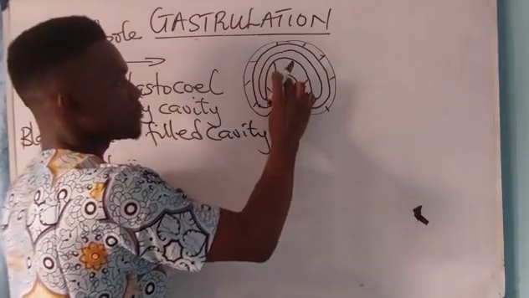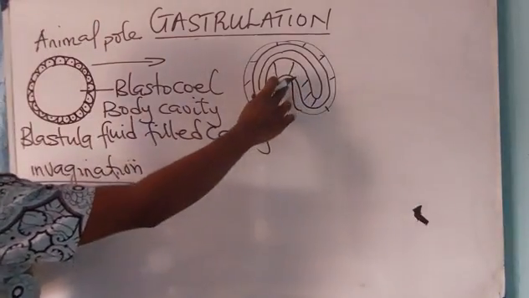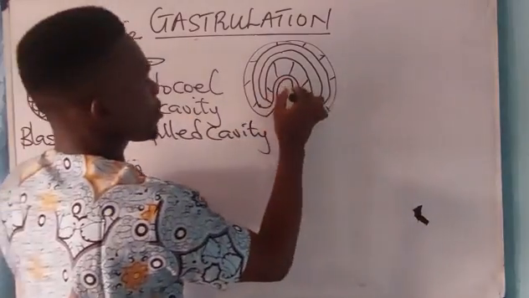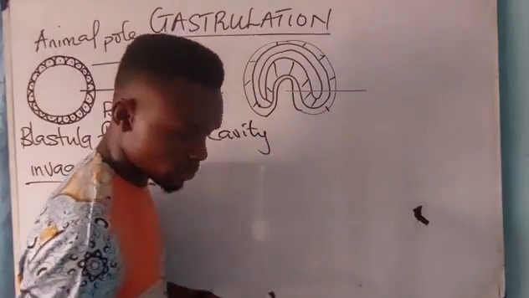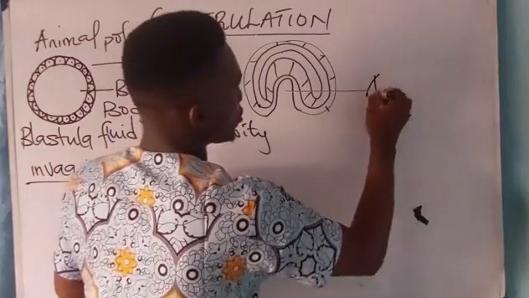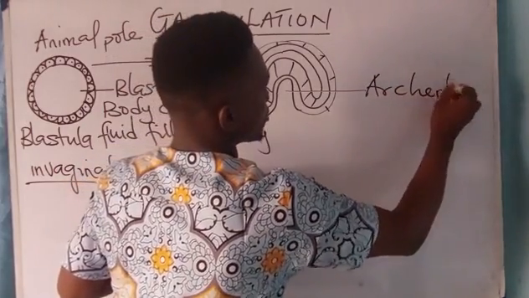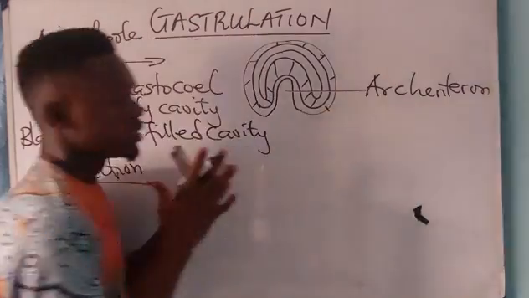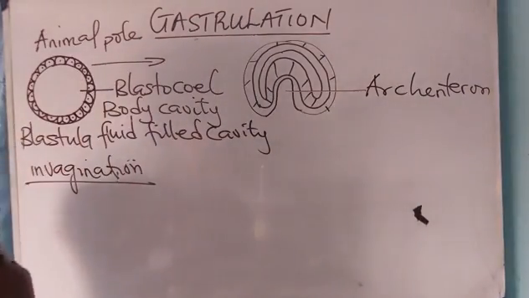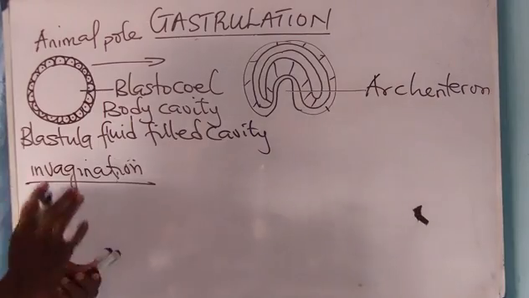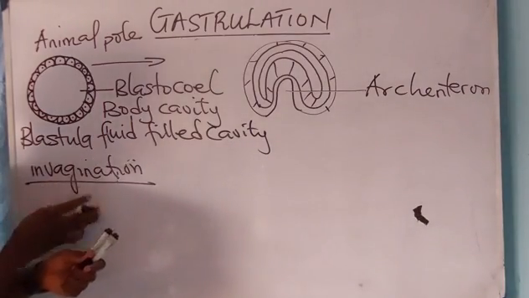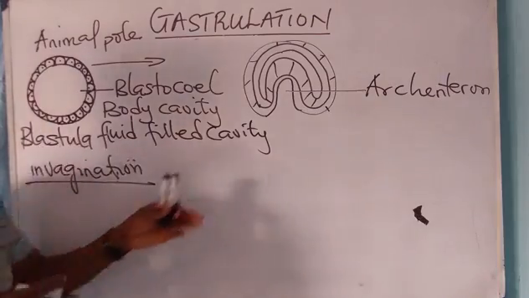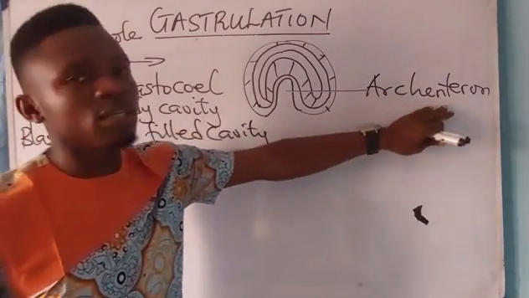This hollow formed by the invagination of the blastula is actually called an archenteron. The hollow or pocket-like tube formed by the invagination of the blastula is called what? An archenteron.